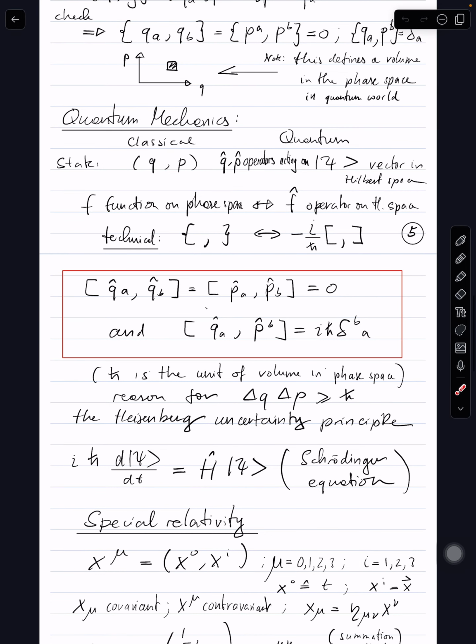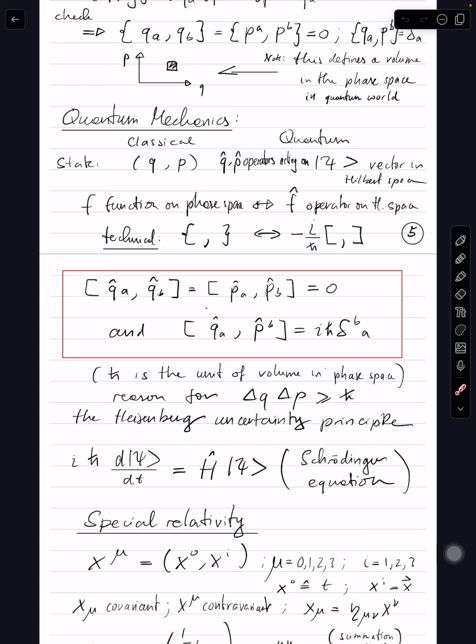In quantum mechanics now, we take these momenta and make them into operators, as you remember from the quantum mechanics course. They are operators that act on a state in the Hilbert space, a vector space. So any function on the phase space, any function that depends on q and p, can now be seen as an operator that acts on the Hilbert space.